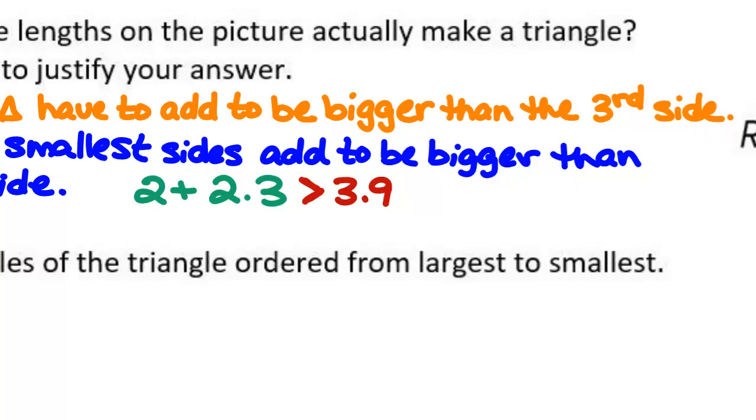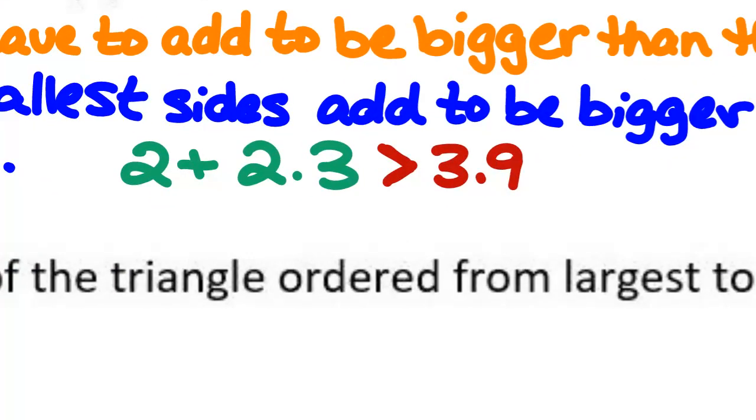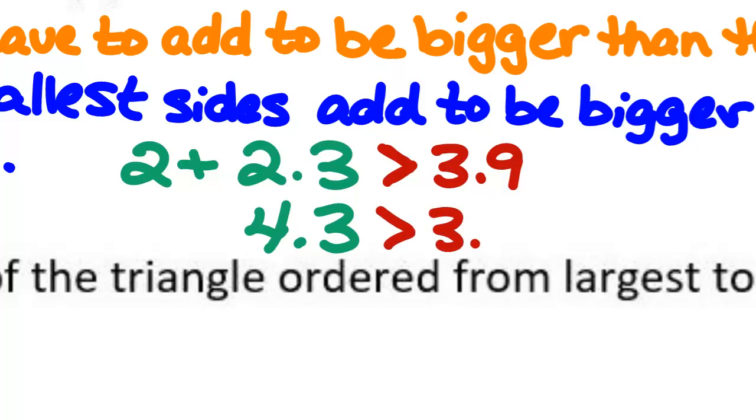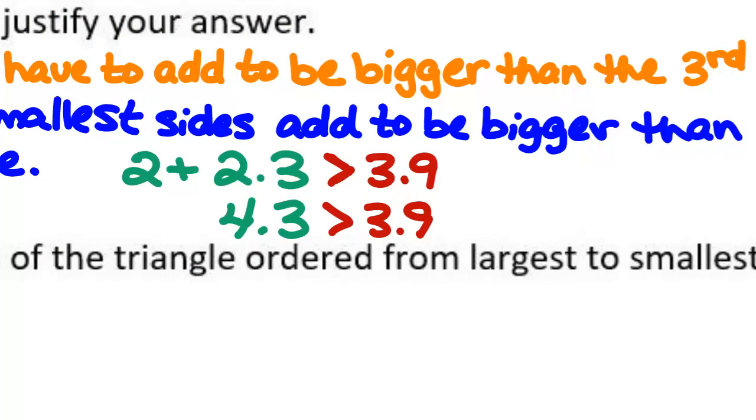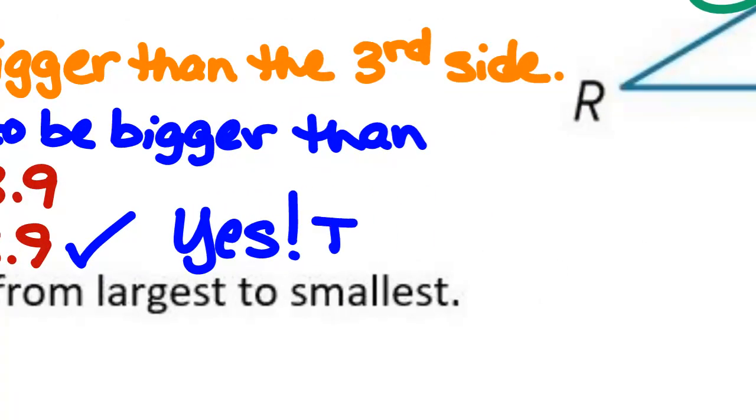Well, what is 2 plus 2.3? 4.3. Is 4.3 larger than 3.9? Yes. So I would say yes, these side lengths form a triangle.